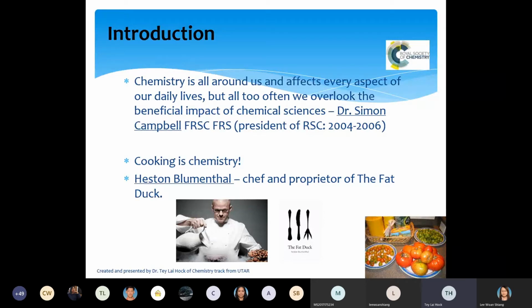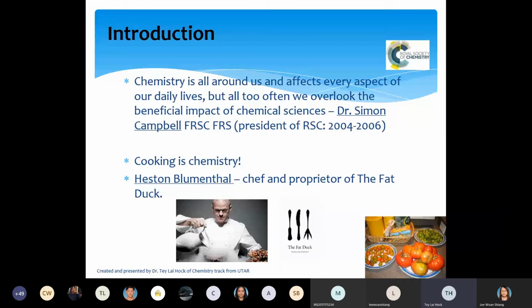This way, kitchen chemistry started becoming popular, starting from the UK and then globally, where they try to integrate these branches of study so we can slowly incorporate them into the STEM program.